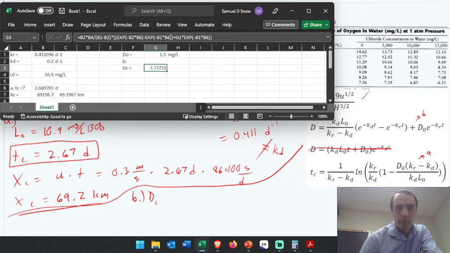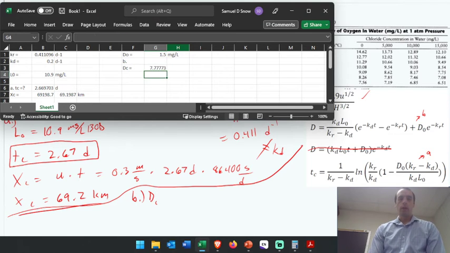Okay, so the value that returned was 7.77, and that looks to be a reasonable deficit. It's not above the saturation or below 0. So I'm going to trust that whatever I entered there is okay. So that's the deficit. That means DO minimum is going to be the saturation minus that. Saturation was 9.09.